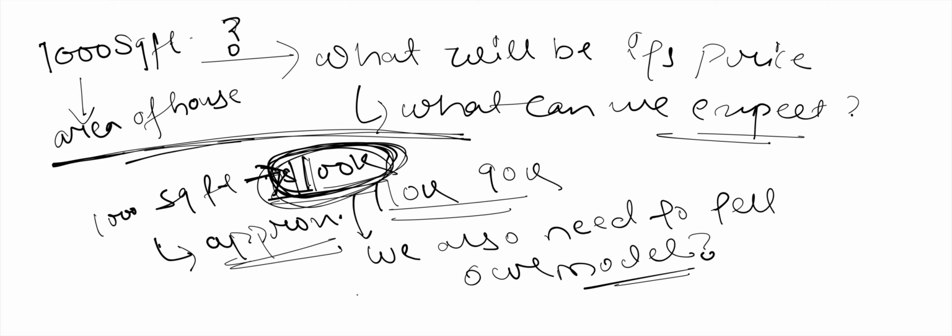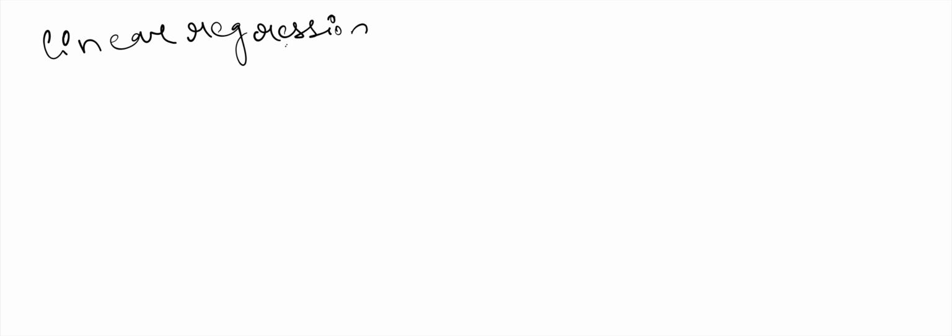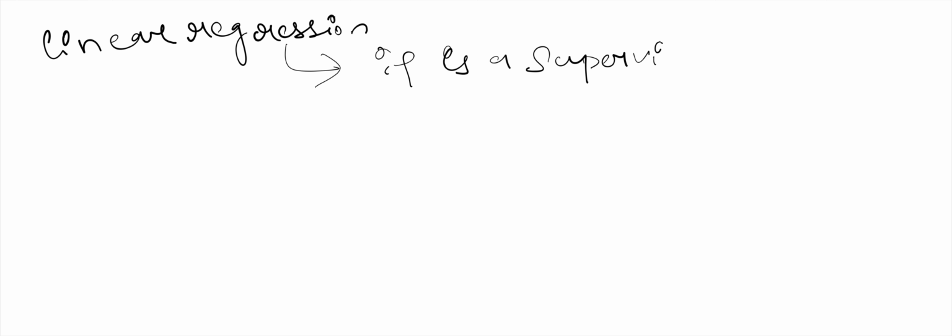Through machine learning, right? For our model to learn, we first need to give it a few input data. Linear regression is a supervised learning algorithm.